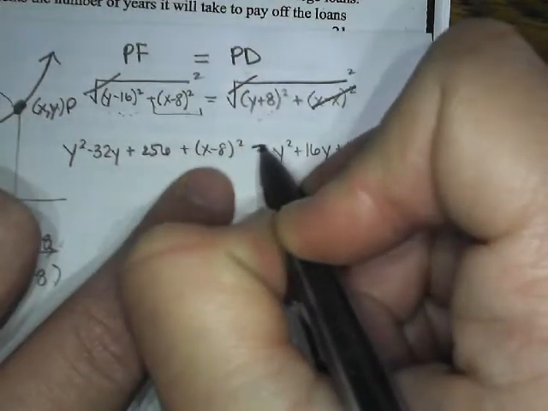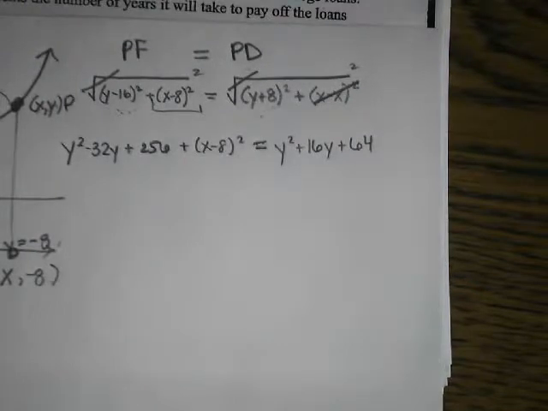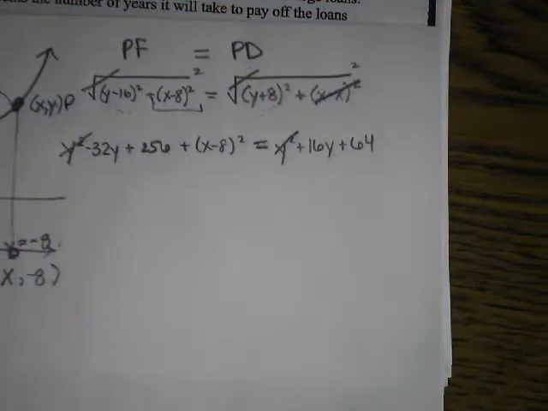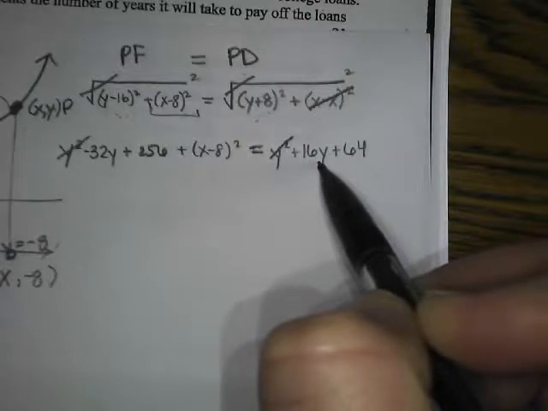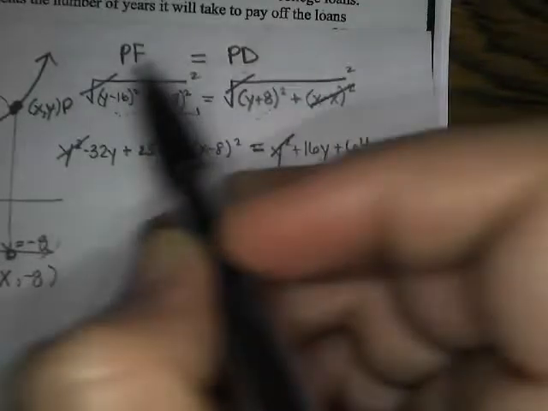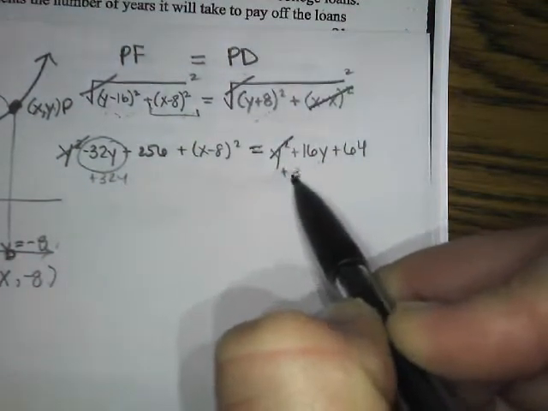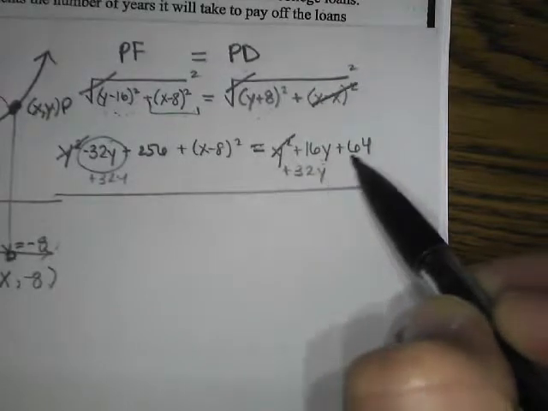Y. You should always have 2 of those y squareds on both sides, so those just cancel. And since I've got more on my left, I'm going to leave that all there. I'm just going to get all my y's over to the right-hand side. So the 16y is already there. I'm going to add my 32y over. So I got all my y's on the right, but I also have to lose this 64. So I'm going to subtract this 64 over as well.